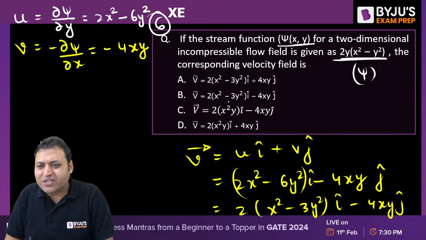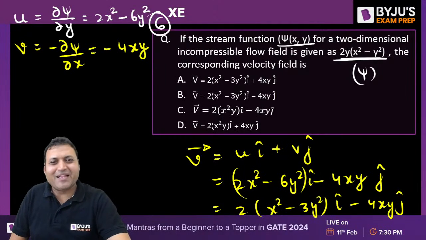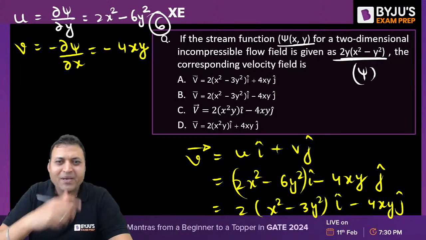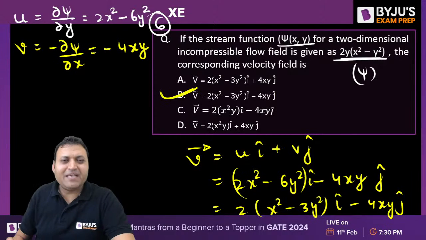So what will be the right answer to this one? It is option B. Isn't it option B? B is the answer.